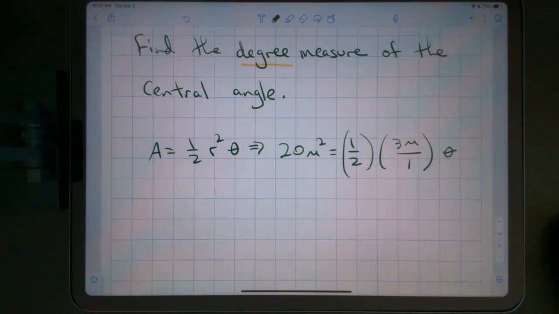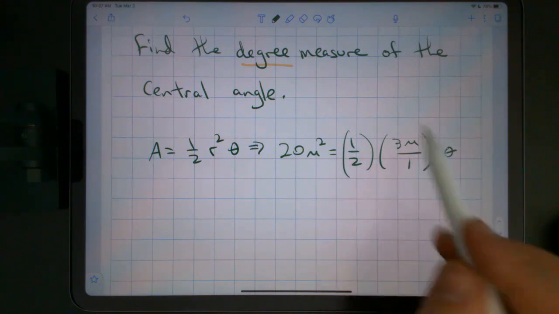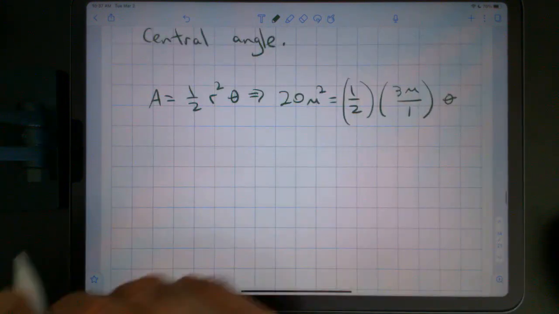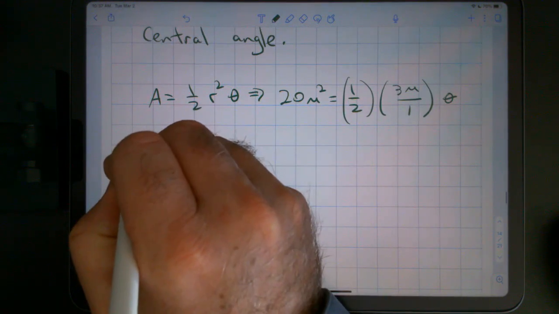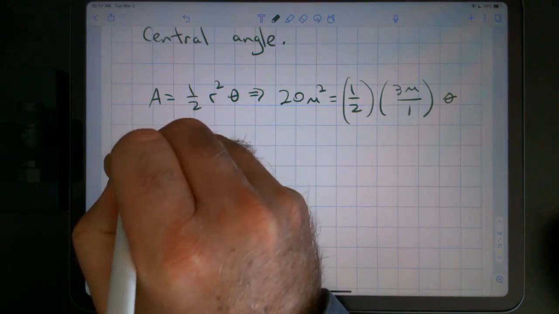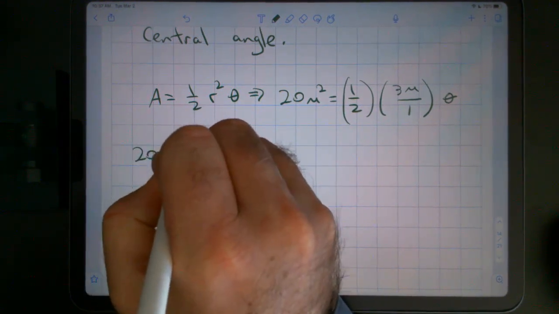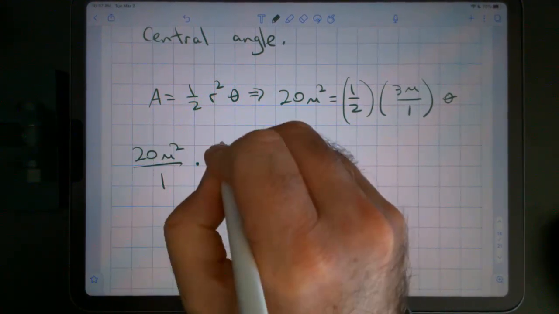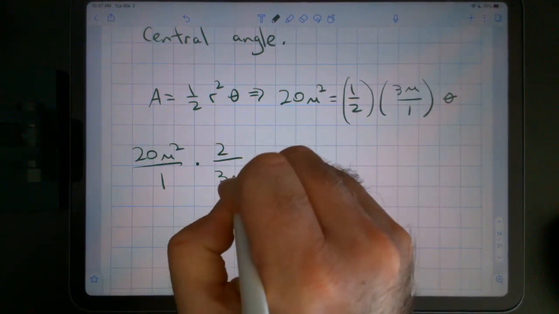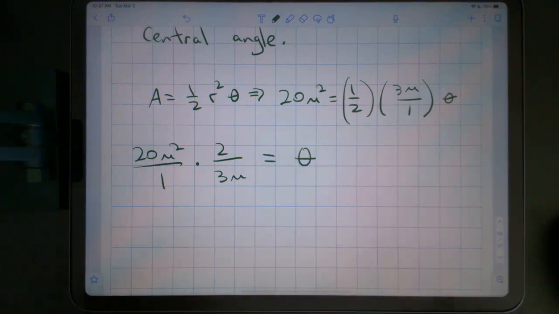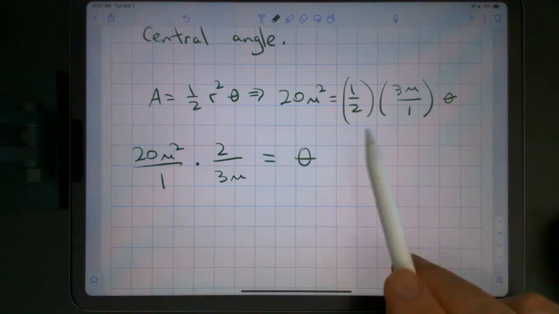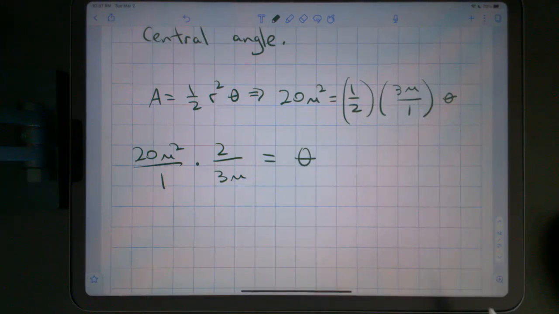So if I multiply everything by 2/3, if I multiply everything by the reciprocal, multiply by 2, divide by 3 meters.